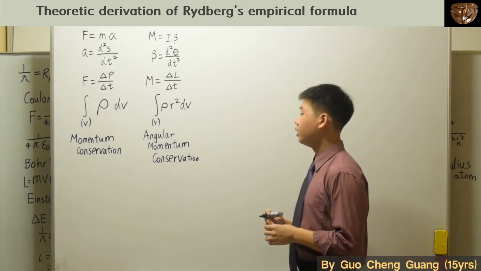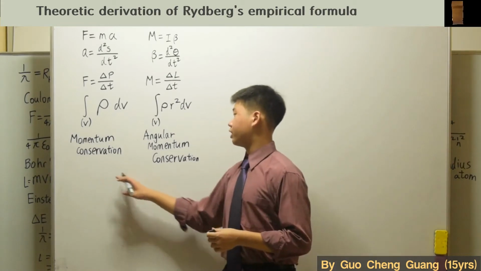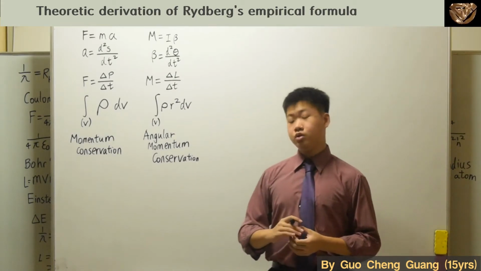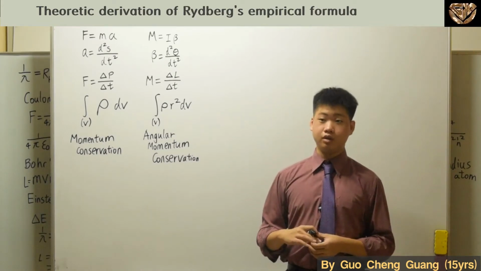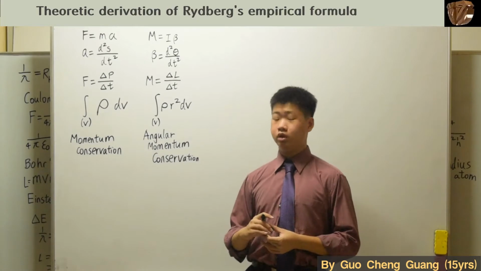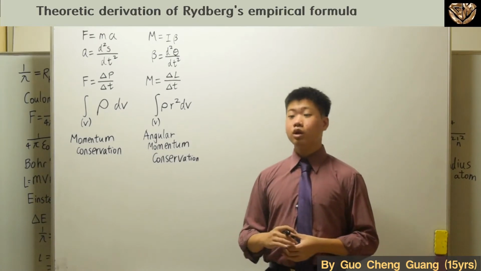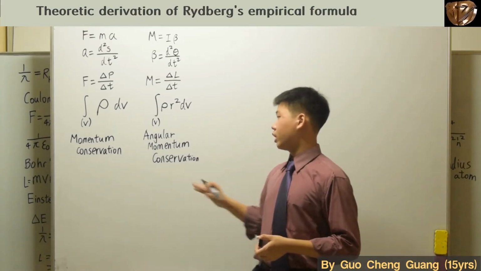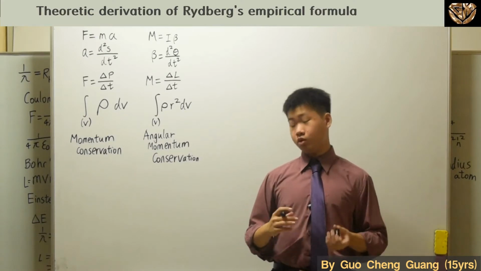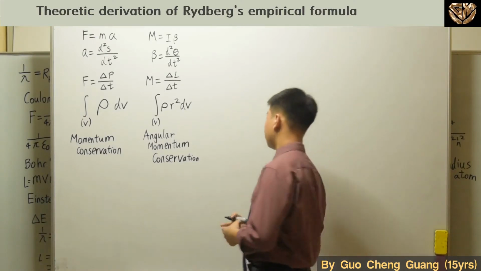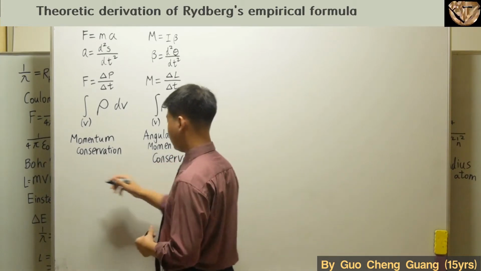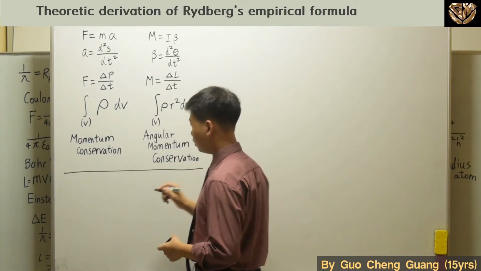Alright, so now that we have covered these two, did you know that there are a few other types of conservation that you would normally have to learn? These are just two types of conservations that you could learn. The other two are different, they are not the same anymore.